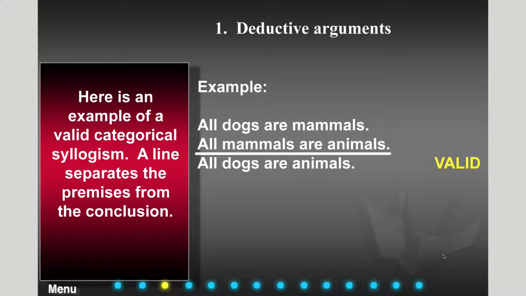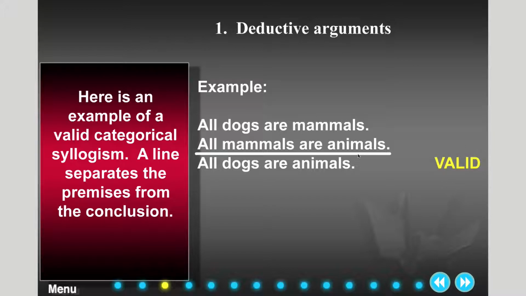So for an example: all dogs are mammals, all mammals are animals, and all dogs are animals. Here we have a direct link, which you should always look for in categorical syllogisms, where these two terms are the same. There's an 'are' and 'all' involved, and you can then just go, all dogs are animals, and you should see that as the conclusion. And that is a valid categorical syllogism.